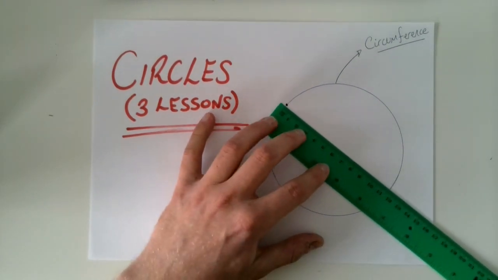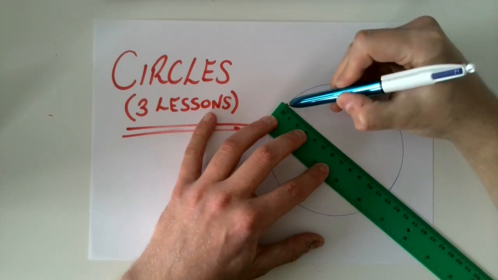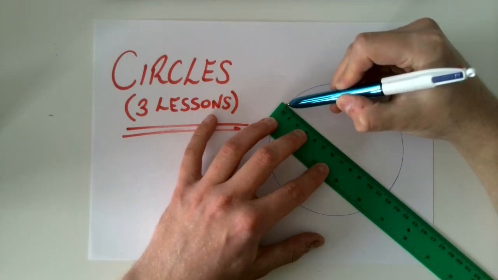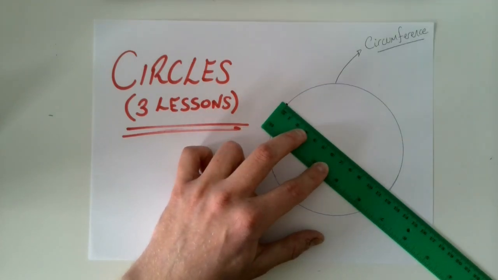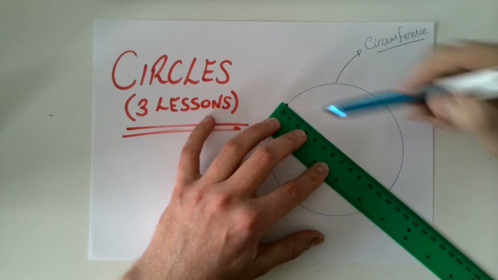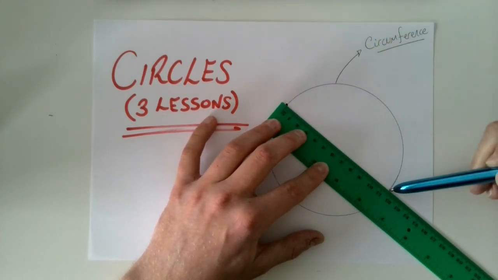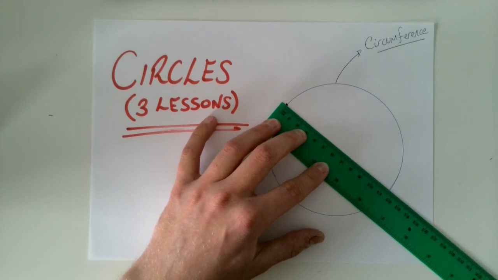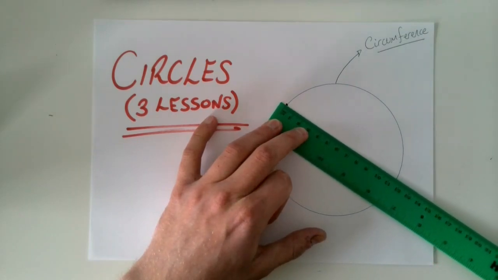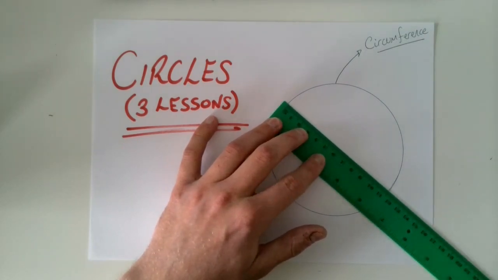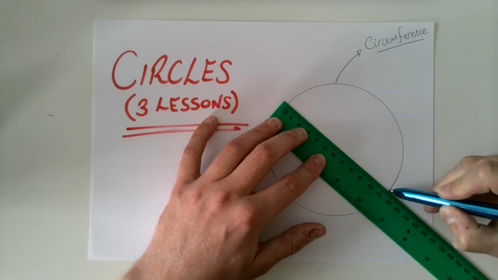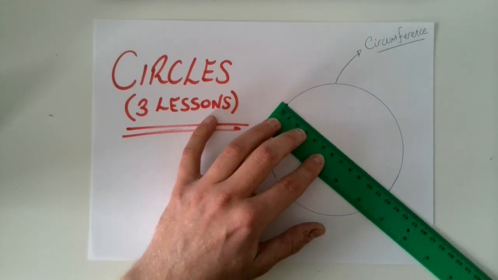So what I'm going to do is get a ruler and put 0 next to the point that I've already drawn. And I'm going to look at the other side, and move my ruler about a little bit. Hopefully you can see what I'm doing here, until I get the longest line.